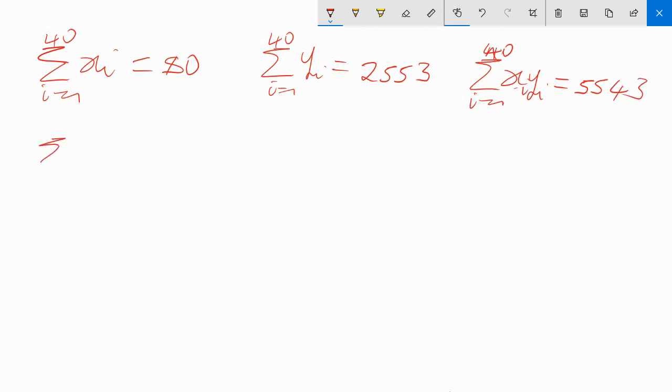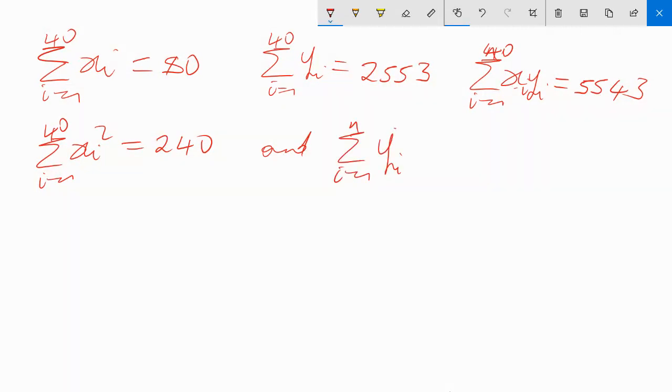And we have the summation of xi squared, which is equal to 240. Can you see what I'm writing? And the last one is yi squared, which is 173539.